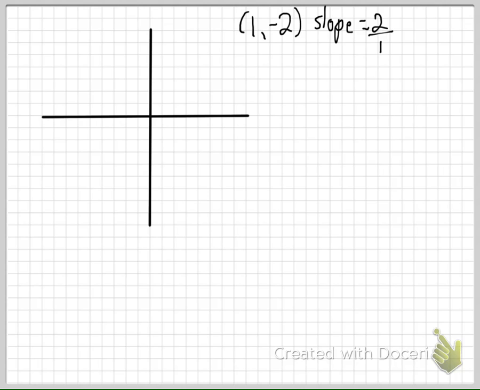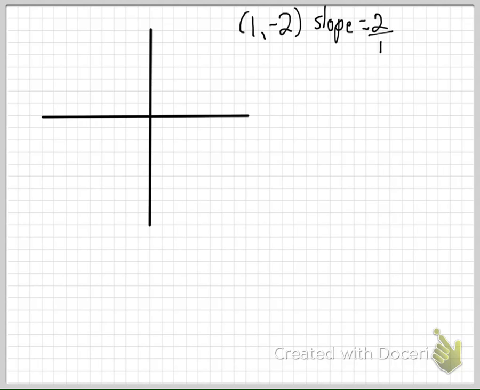Now, the first thing we need to do is graph the first point. The slope is basically like directions. It's telling you how to get from one point to another, which means to start out with, you need that first point.